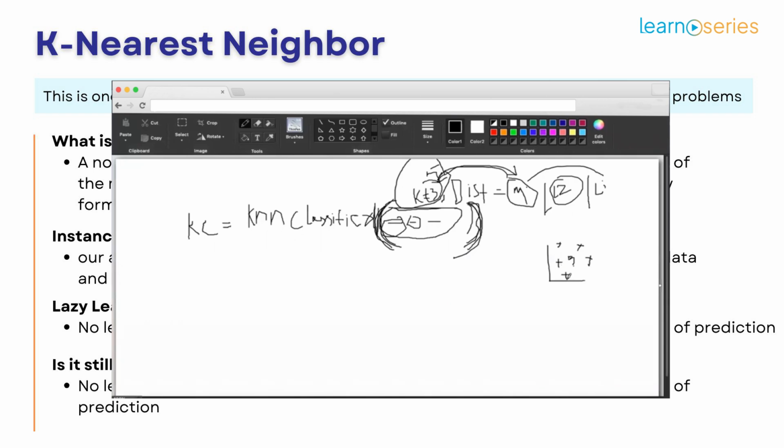You have given k equal to 5, so it will search for all the distances first, then identify which are the 5 nearest points in terms of distance, and it will identify that cluster.